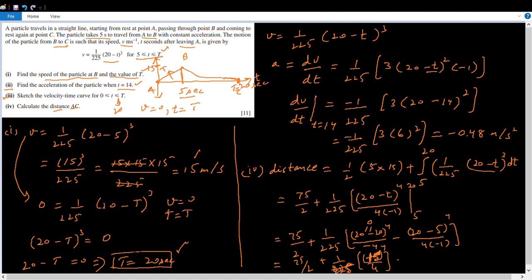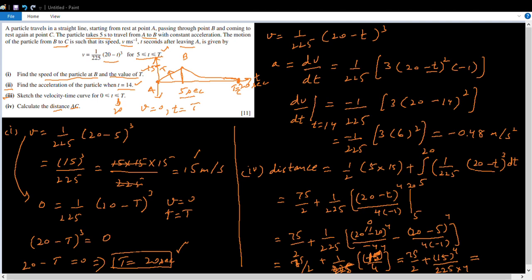So let's simplify it and get the answer. This is 75/2 plus 15 to the power 4 over 225 times 4.